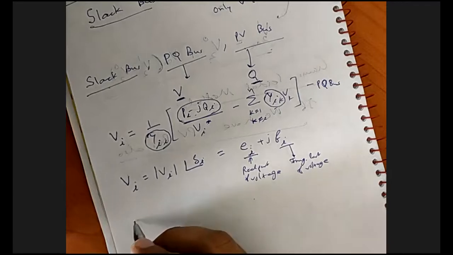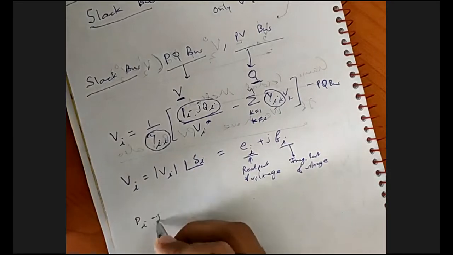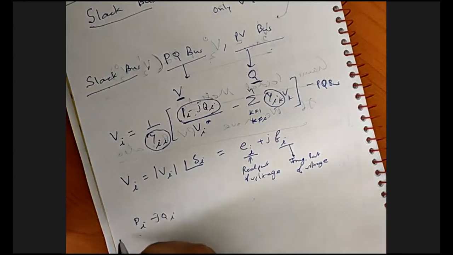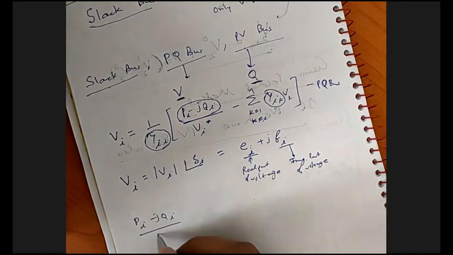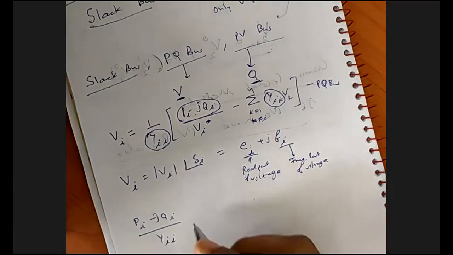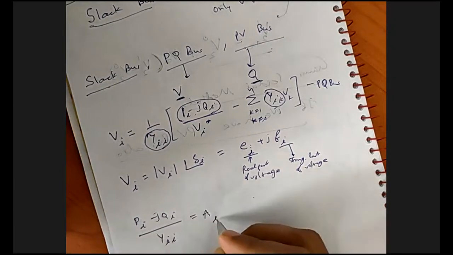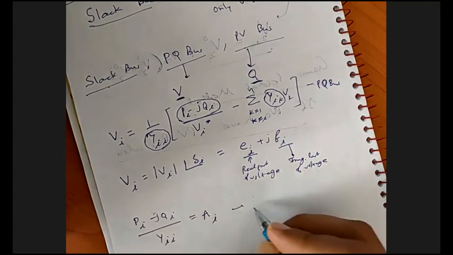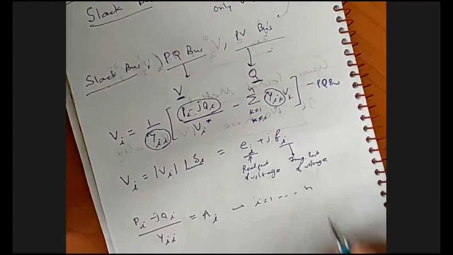Now we define some terms. Pi minus jQi divided by Yii equal to Ai, where i equal to 1 to n.